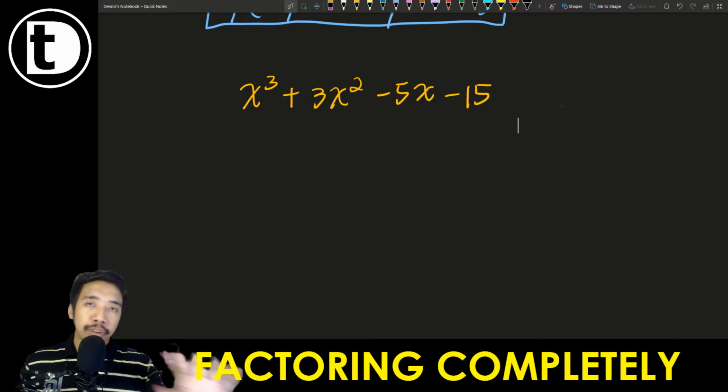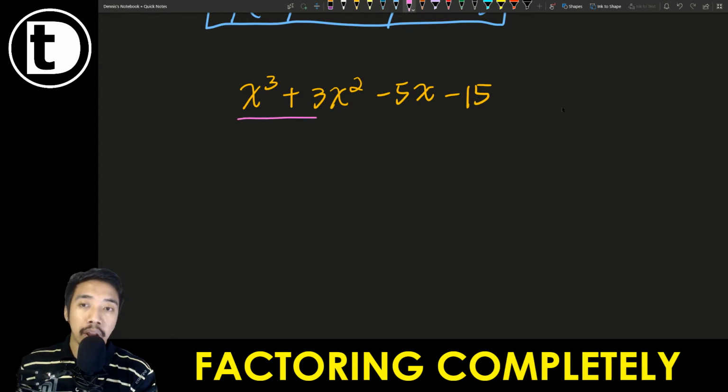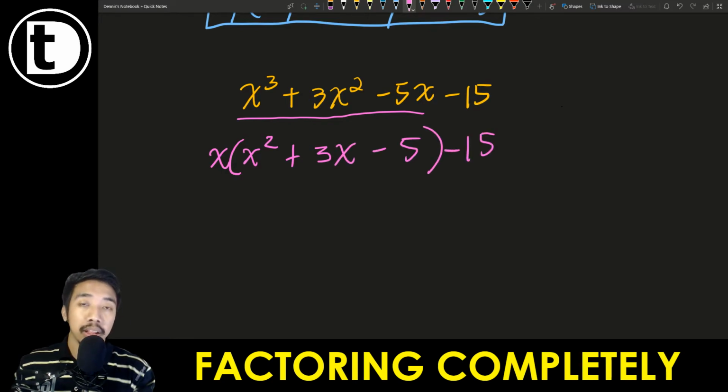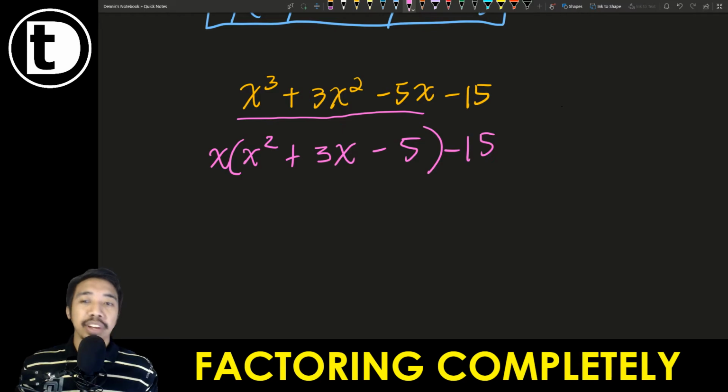For example, if I'm a newbie, when I was younger, I would usually factor out x here, the greatest common monomial factor, x, then it becomes x squared plus 3x minus 5. However, I just made it more confusing. I didn't get any factor here.